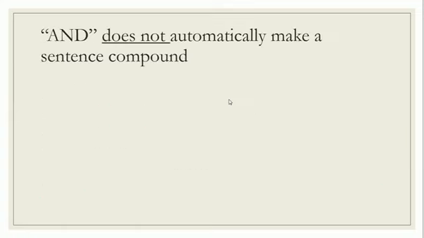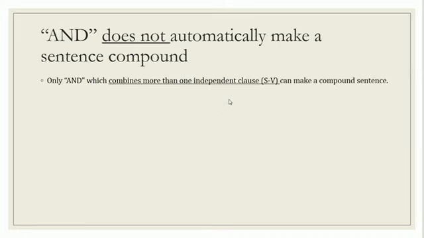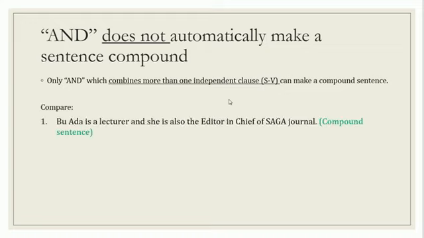You need to be careful, however, that the word and does not automatically make a sentence compound. Only and which combines more than one independent clause, as in subject and verb, can make a compound sentence. For example, you need to compare these two sentences.